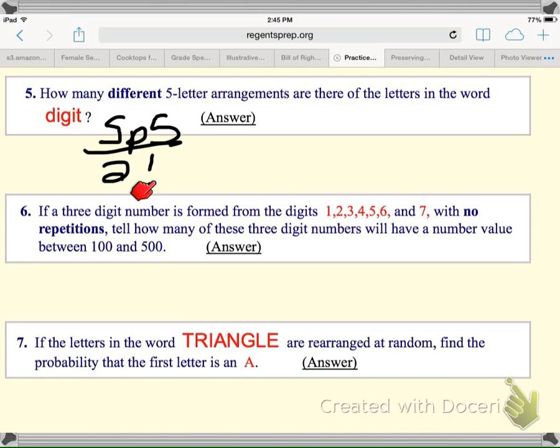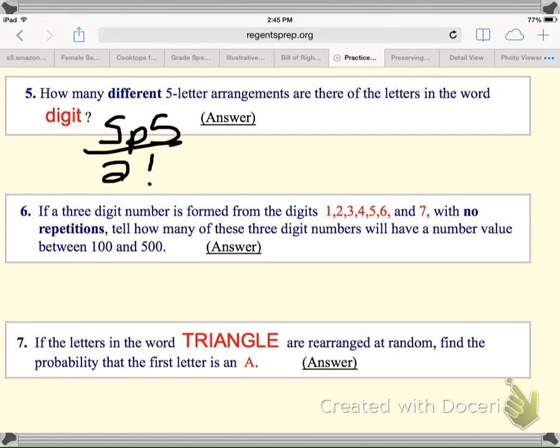The 2 factorial on the bottom comes because in this case there are 2 letters here that can repeat. So to account for those, we want how many different 5-letter arrangements, but these 2 are repeating. We divide by the 2 factorial, so the 2 i's that are repeating. So we're really doing 5 times 4 times 3 times 2 times 1, and then once we've done that, we have to divide by 2 times 1.